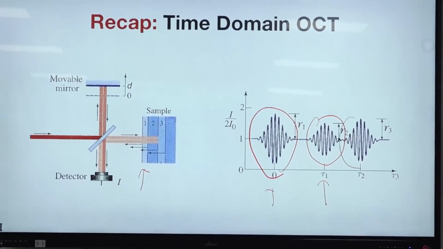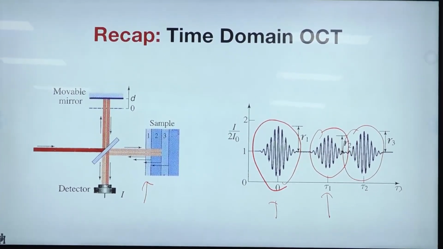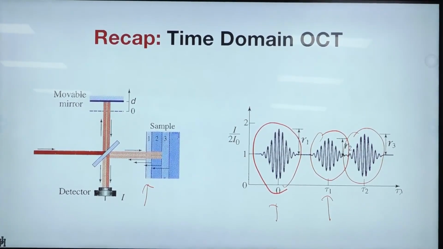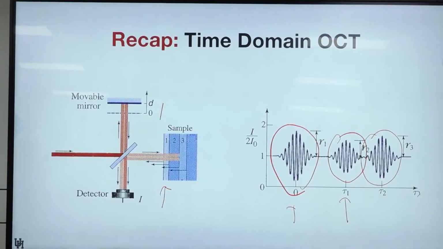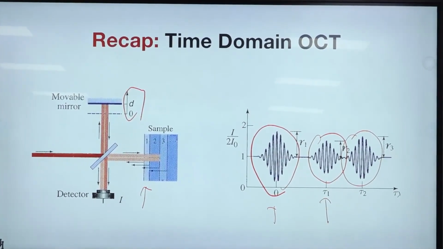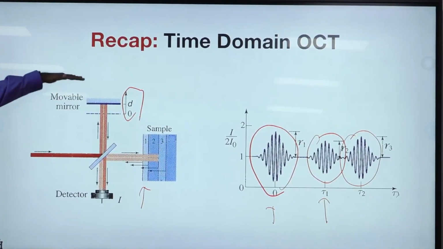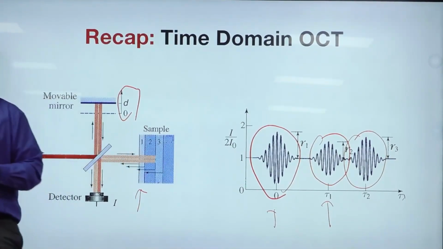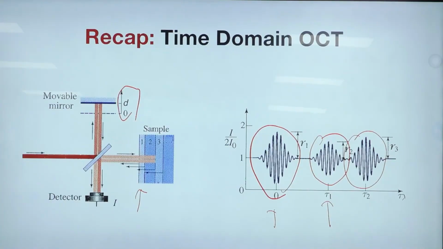You can put together these interference patterns, and that way you can measure the depth. This is a function of the movable mirror position: 0 is here, D is here. At different positions you get different signals, and this is essentially how you get depth information in OCT.